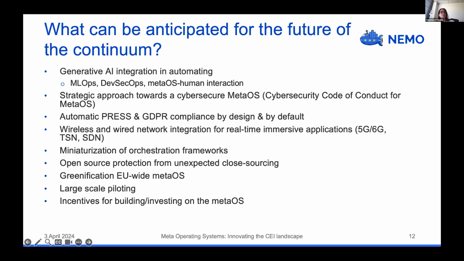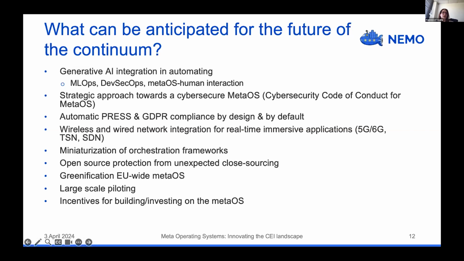and also having this present in several DevOps-related functionalities like in MLOps and DevSecOps, in order to have, let's say, the possibility for less technical skilled personnel to get involved with managing these types of services.